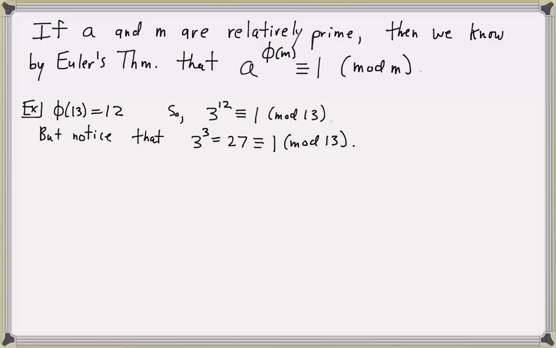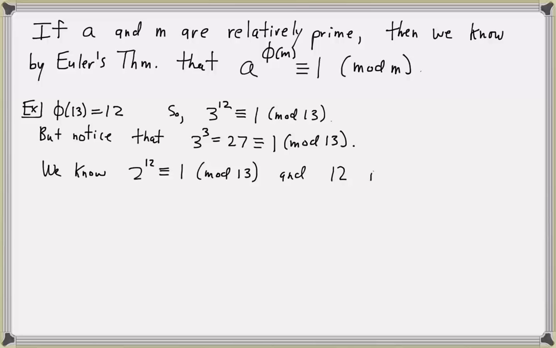Let's look at 2 to the power 12. We know 2 to the power 12 must also be congruent to 1 mod 13. But in fact, there's no smaller power of 2 that will be congruent to 1 mod 13.